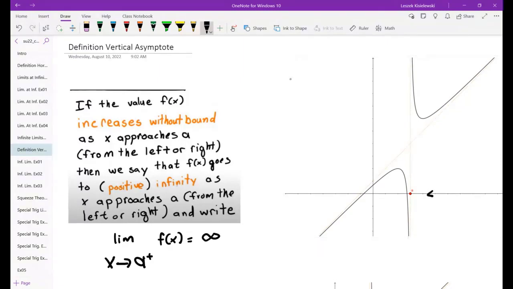So in the picture here, as x approaches a from the right, according to the graph, the values of the function grow without bound. Okay, so we say that's an infinite limit. So the function goes off to positive infinity.